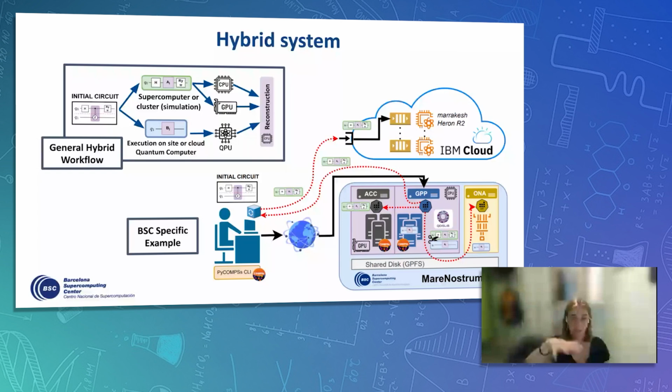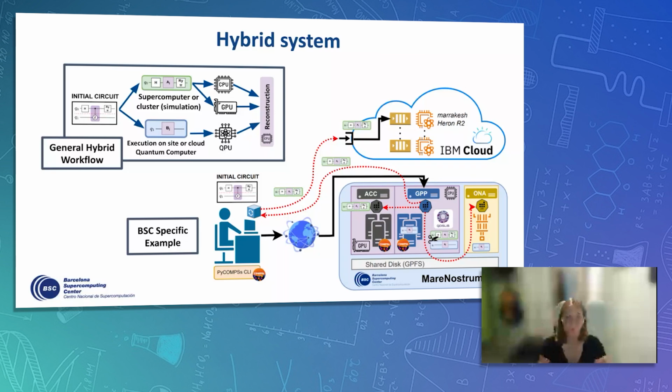Then down in the figure on the right, at the bottom, is the specific example. We have some constraints that I'm going to explain, but basically the user is able to send the initial circuit into the general purpose partition in MareNostrum. We are able to cut it, and then each of these subcircuits we send everywhere else.